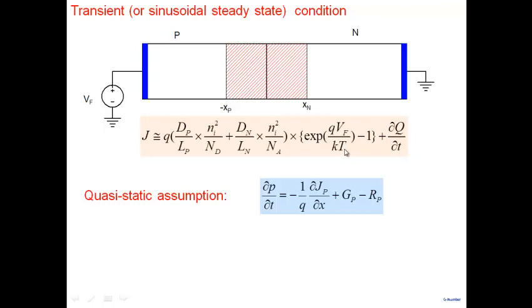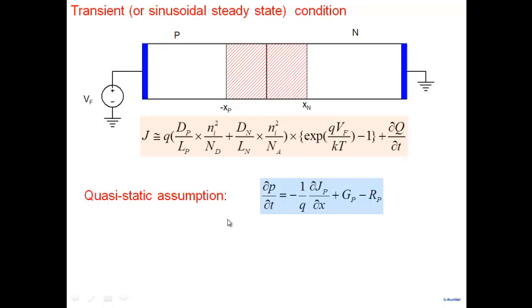But what we are saying is those changes are small, and we can think of the transient condition being very close to the static condition here. And we call this a quasi-static assumption. Later on, if I have time, I'll provide a more rigorous definition of what this assumption is and under what conditions it will be true. Okay.